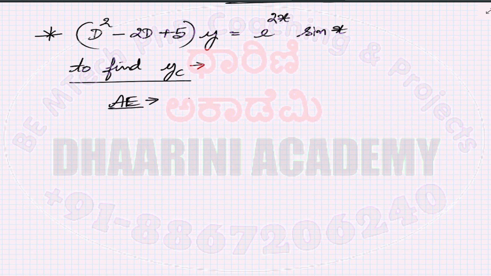That is, convert the D by m. This becomes m² − 2m + 5 = 0. Directly we'll find the root.